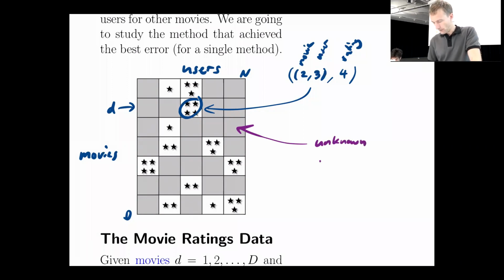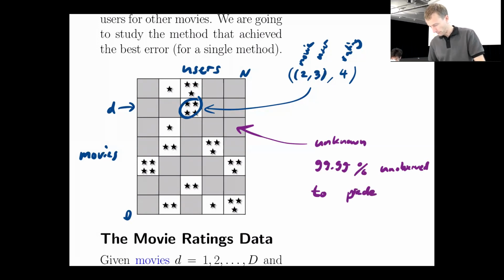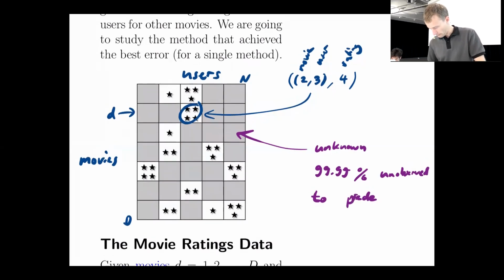So maybe 99%. The vast majority of all entries are unobserved. They're just not there. And those we want to predict, to train a model that can fill in this matrix. So predict. That's the goal.